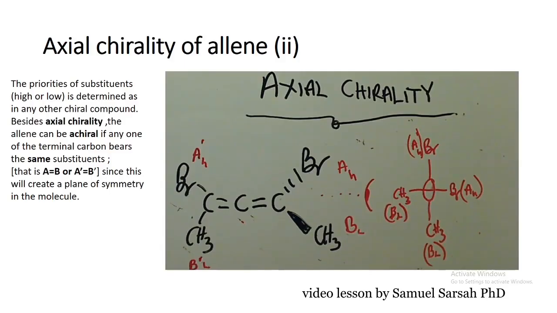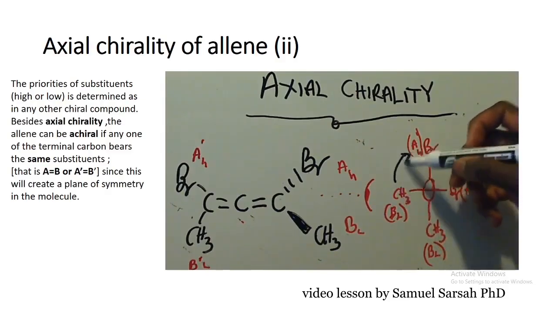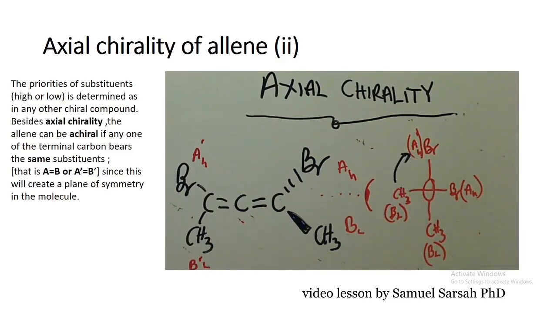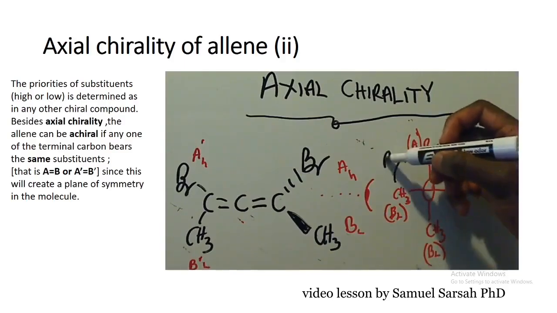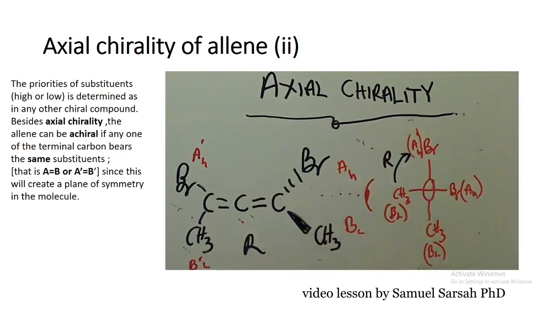So from lower priority in my starting point towards the higher priority of the other group, I have to go from this methyl group towards this bromine, and therefore that is clockwise, and that is R. So this is R. Okay, and again I'll get the same answer if I started the assignment from here instead of here.